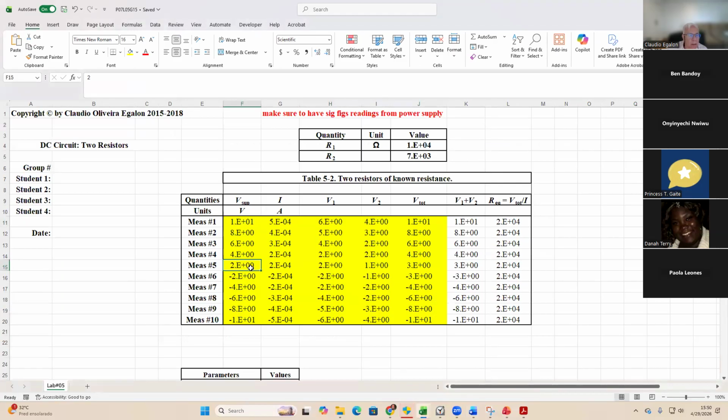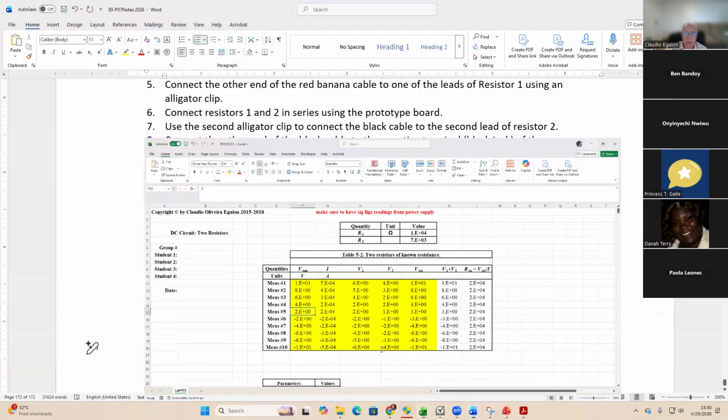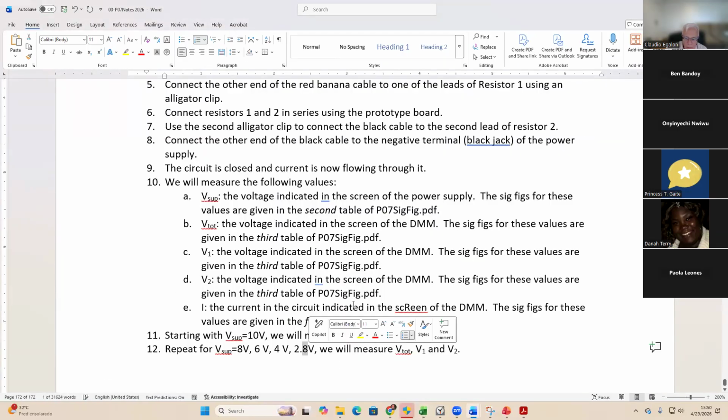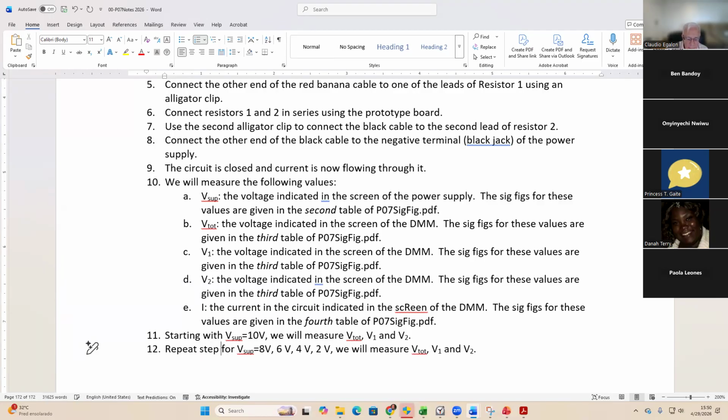Wait a minute, this one goes to 2. Repeat step 11 for V sub. Now 13.